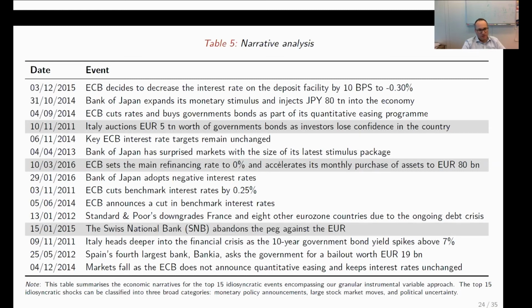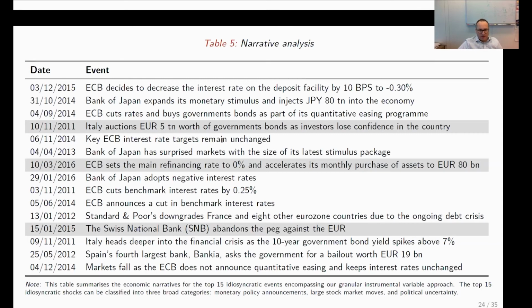One of my favorites is the Swiss National Bank depegging of the Swiss franc against the euro, which took place on the 15th of January in 2015. But there are many other policy-related events that are also in the data set and that drive the GIV variable.